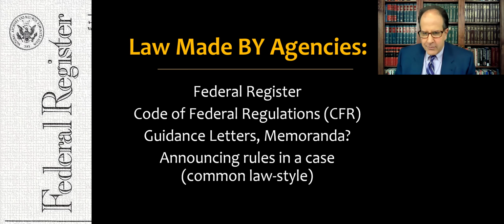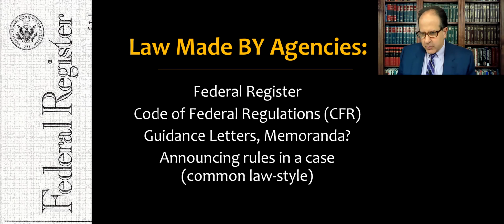Agencies also put out guidance letters, things they call memoranda, and so forth. And we're going to do a unit of this course about whether these have the force of law or not. That's actually a critical question. Also, agencies can do common law style, case by case announcing of rules and creating precedent within that agency's purview.